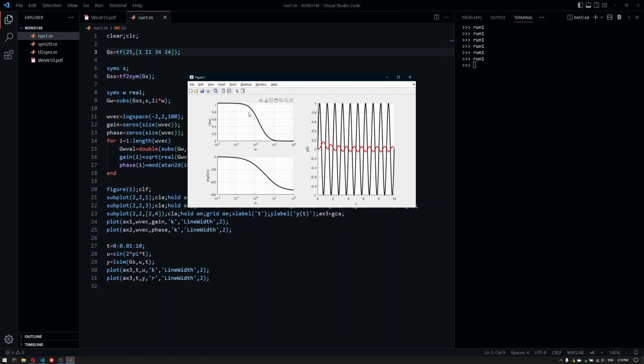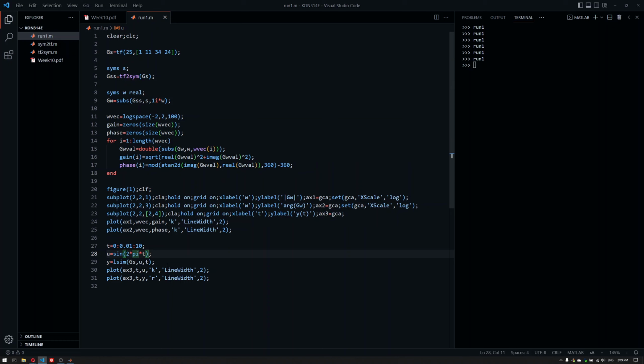If this is a filter, for example, these frequencies pass through the filter, but these frequencies are rejected. So let us try that out. When we have 10 to the power of -2 or 10 to the power of -1, so 0.1, I'm going to multiply with omega val, and this omega val should be 0.1.